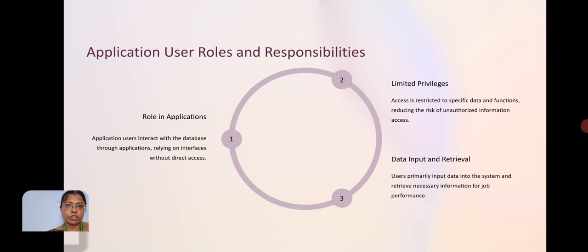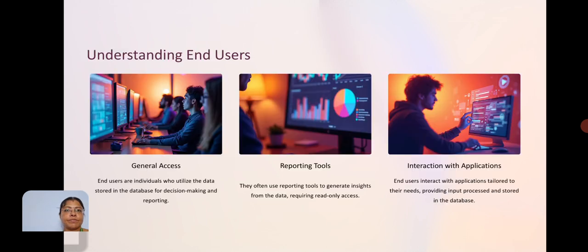The restricted functions and restricted data can be used only by the database administrator. That is also for security and safety purposes. Then data input and retrieval processes to the system are necessary for the information and for job performance.